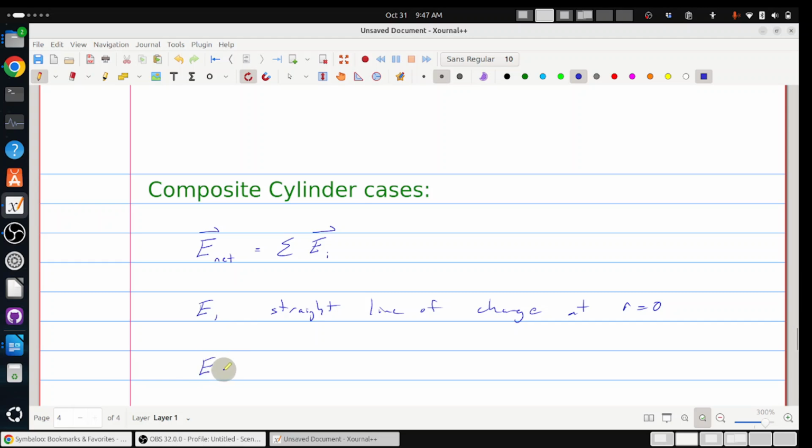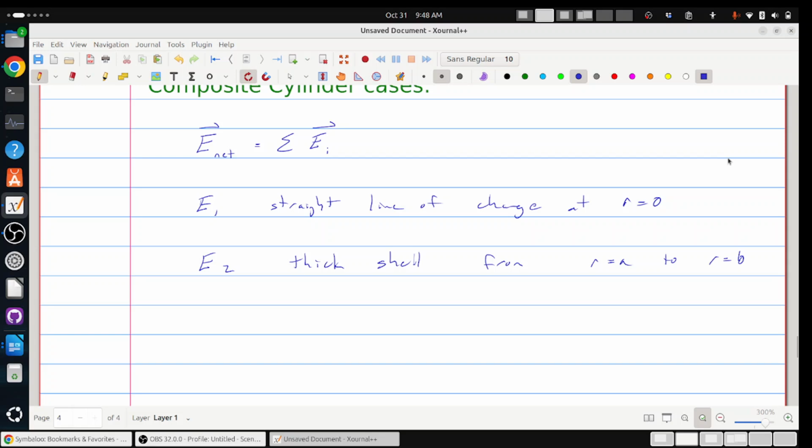That could then be surrounded by a thick shell from R equals A to R equals B. Surrounded by a thin shell, not from, but at R equals C.